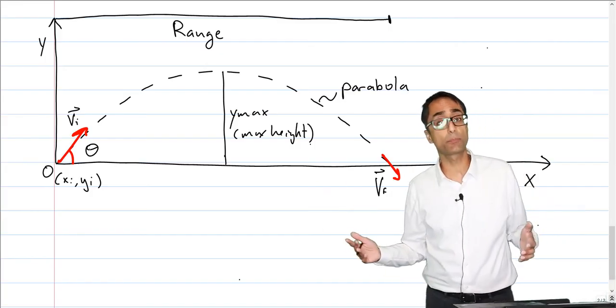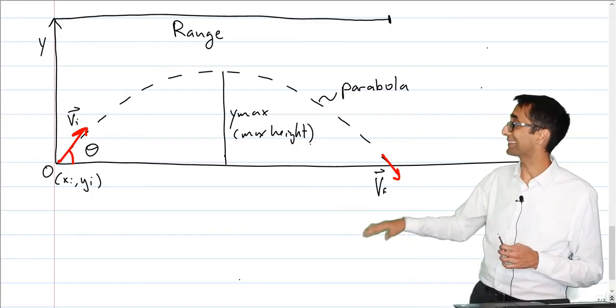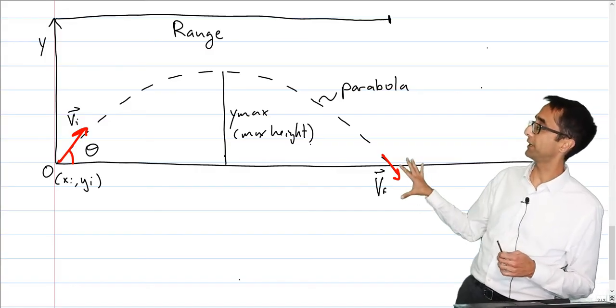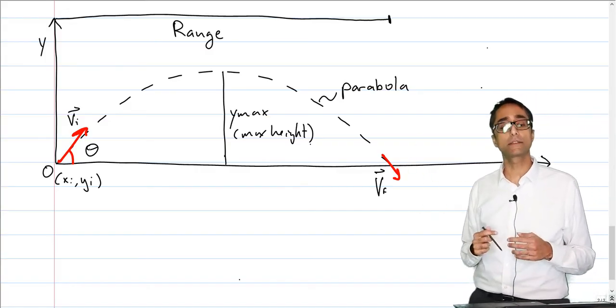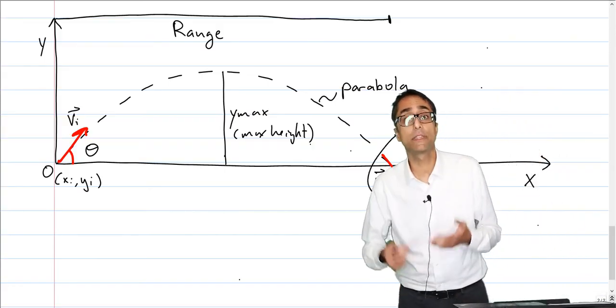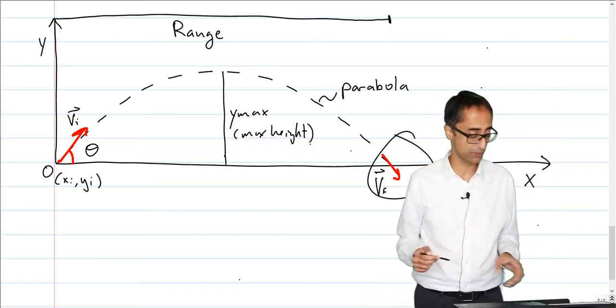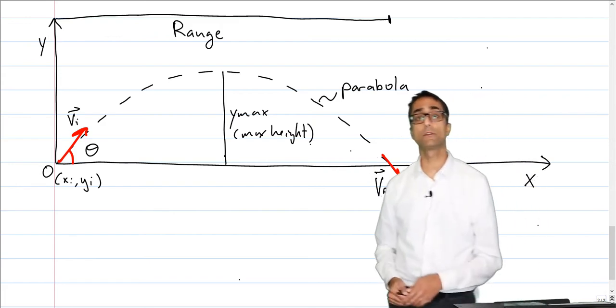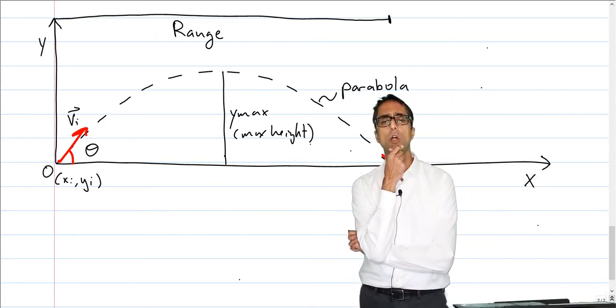Now, where we stop this problem is also at the same height. And so over here, you can see that we end up at the same Y position that we started from, basically the ground. And at the ground, we have some final velocity. Now, what is that final velocity?